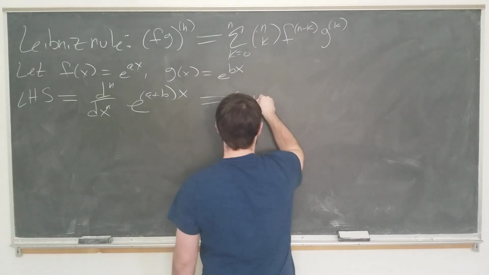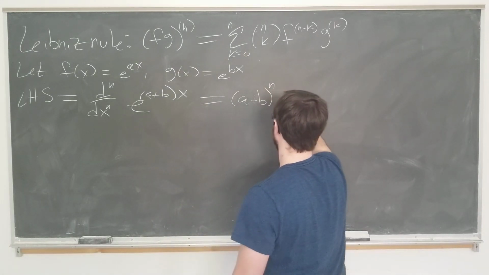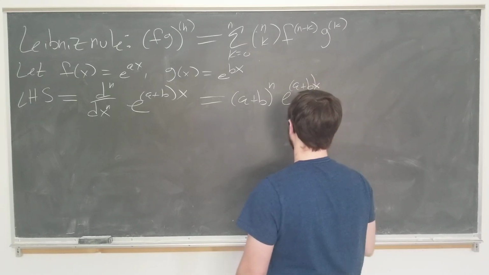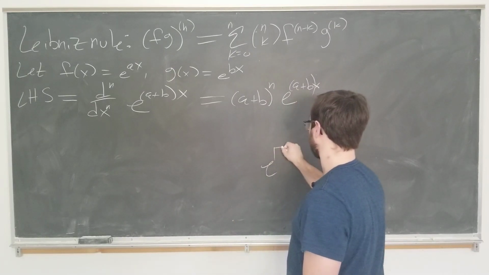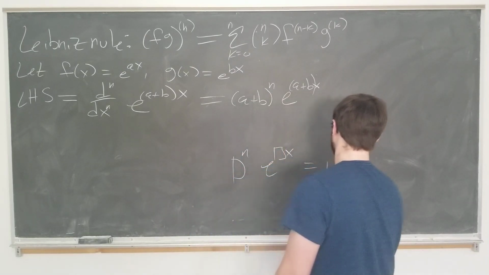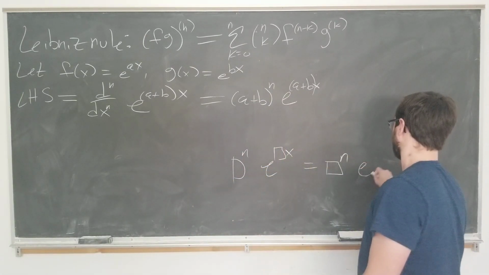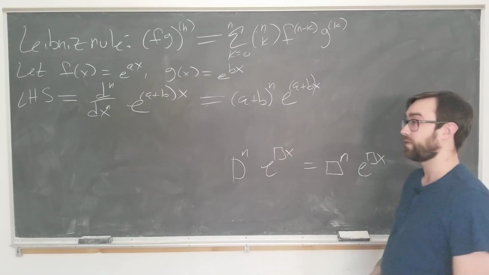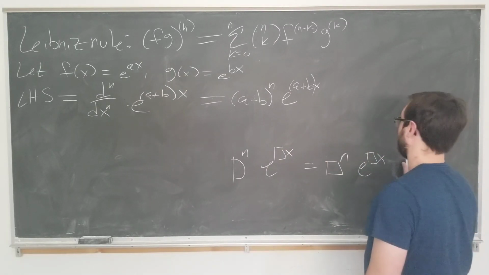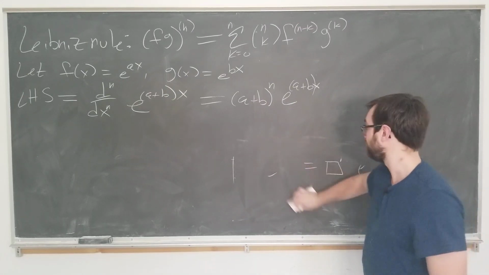It's just a plus b to the n times e to the a plus b x. Since anytime you have e to the something x, take the derivative of it, it's just going to be something to the nth power e to the something else. No problem at all. Okay, for the right hand side, it's also pretty easy.